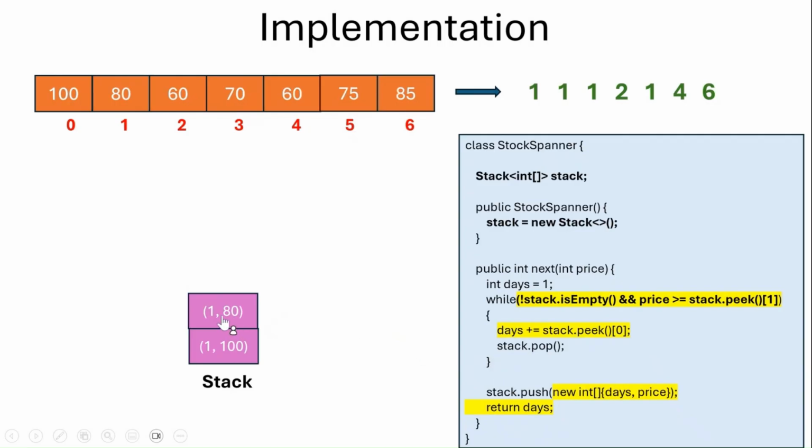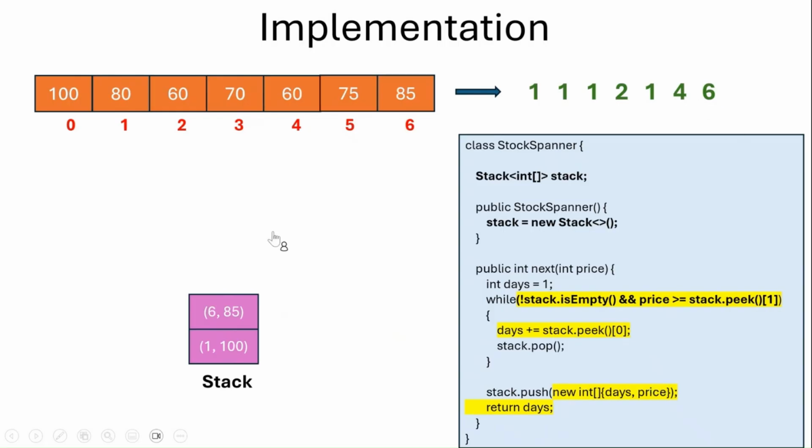Now 80 is also less than 85, right? 85 is greater than the stack top 80. So it will also be added to the days. So 5 plus 1, 6. And the stack entry will be removed. Now 100 is not less than 85. So it will not go into the while loop. It will come out of the while loop. It will push 6 comma 85 to the stack and return 6 as an output.